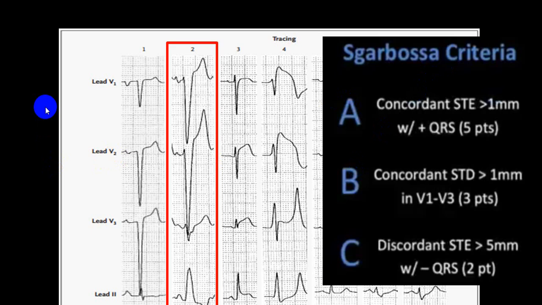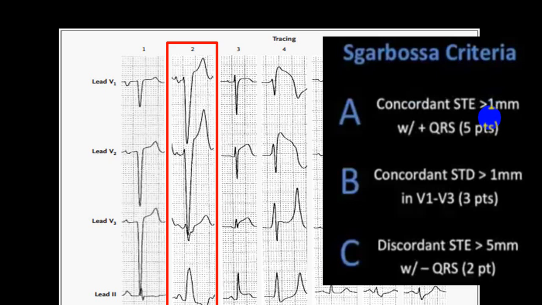Now as the person has pressure, always look for Sgarbossa criteria. We'll be discussing Sgarbossa criteria in detail separately in a separate video lecture. But here I would like to mention only 3 classical findings. First, concomitant ST segment elevation in V5, V6 of more than 1 millimeter with upright QRS complex will be given 5 points, and that is called A criteria.